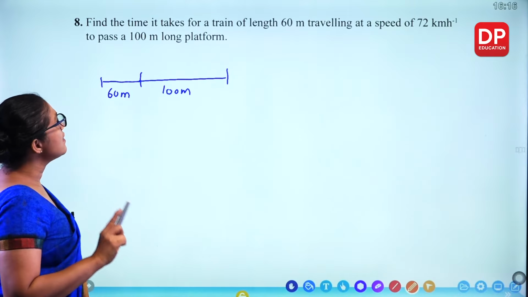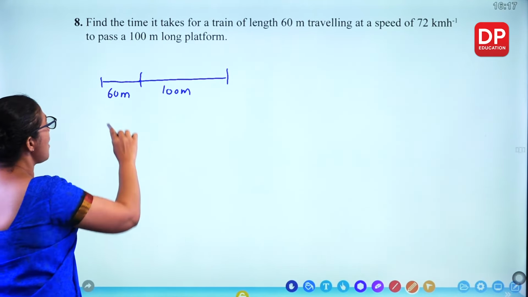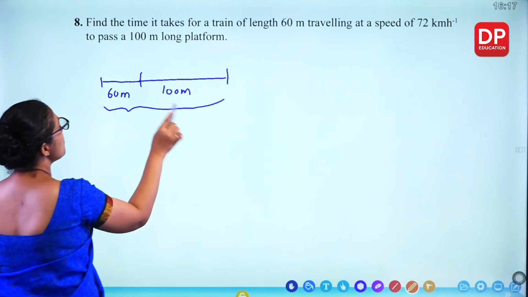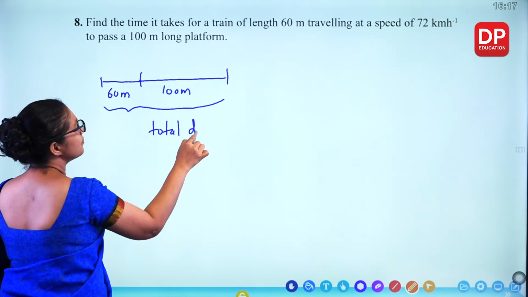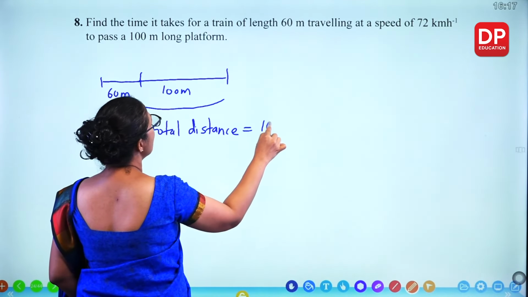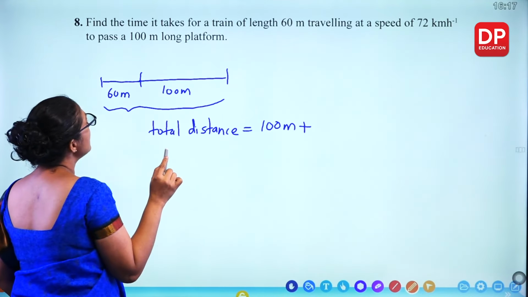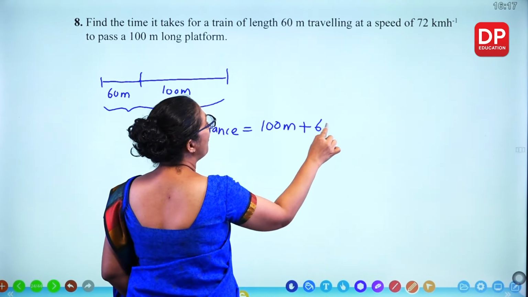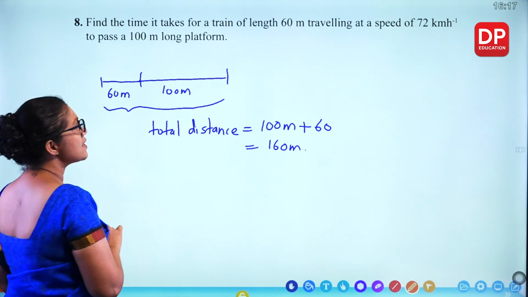Now to pass the platform, the total distance traveled should be this one. So total distance traveled, length of the train plus the length of the platform, 160 meters.